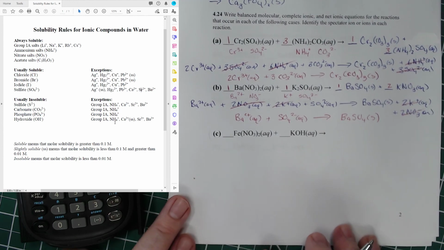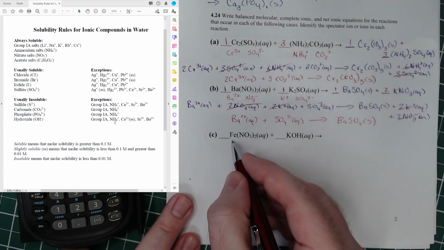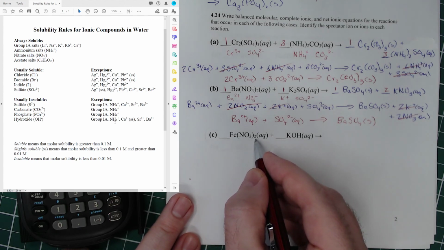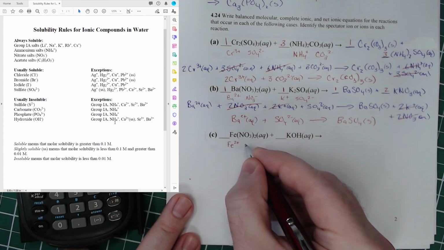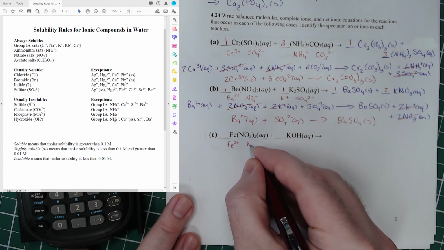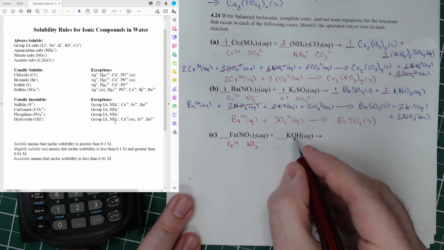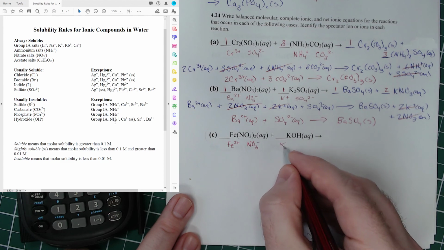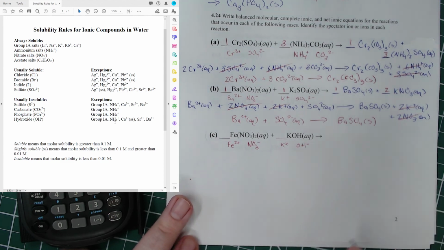All right, we've got one more left, and then we're going to end this video. So here we've got iron nitrate, and you can tell by that 2 that this must be iron 2. So Fe2+, and then the nitrate, of course, is NO3-. For potassium, of course, it is +1, and hydroxide is -1.